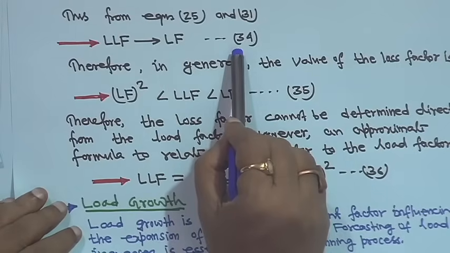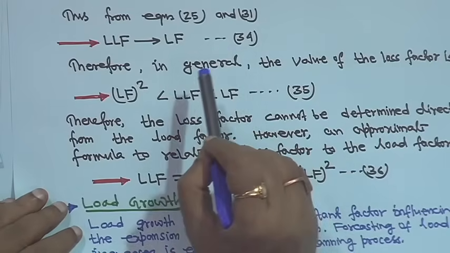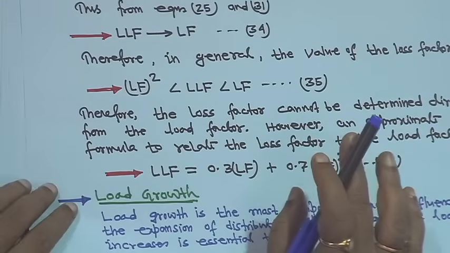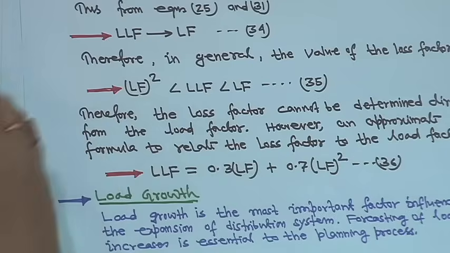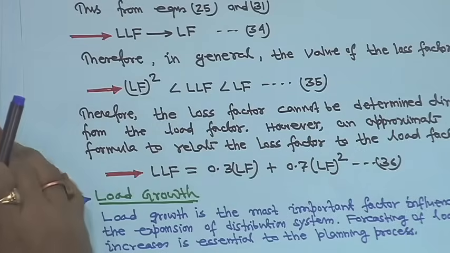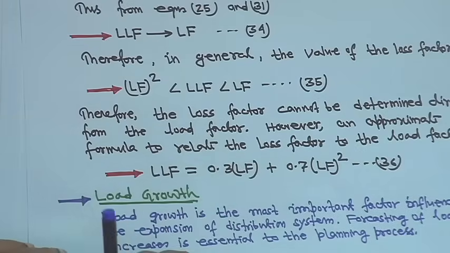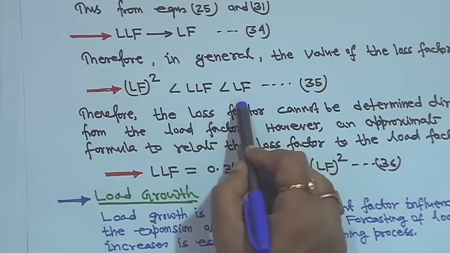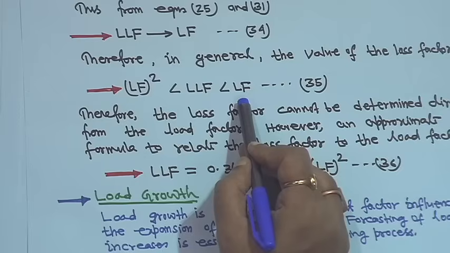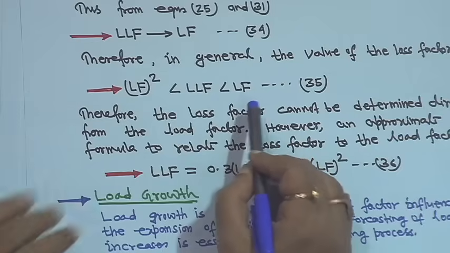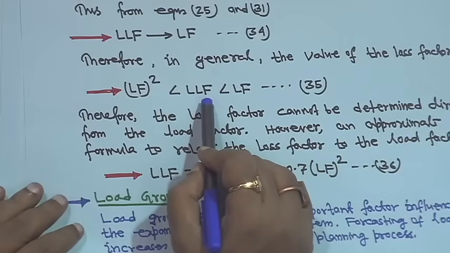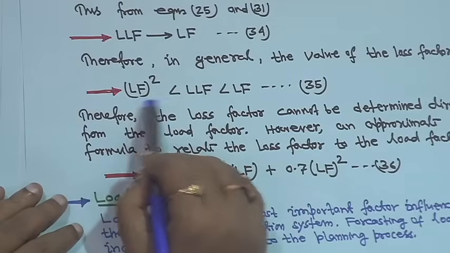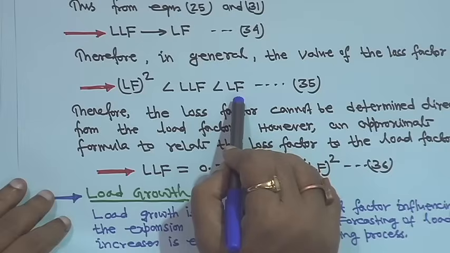So we got different conditions, and in general it comes like this. First condition we saw, loss factor is equal to load factor, then another condition, it is equal to LF square. Generally load factor is less than 1, and therefore loss factor will be greater than LF square, but less than load factor.